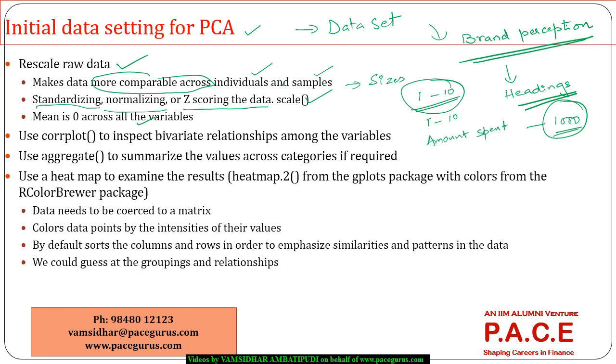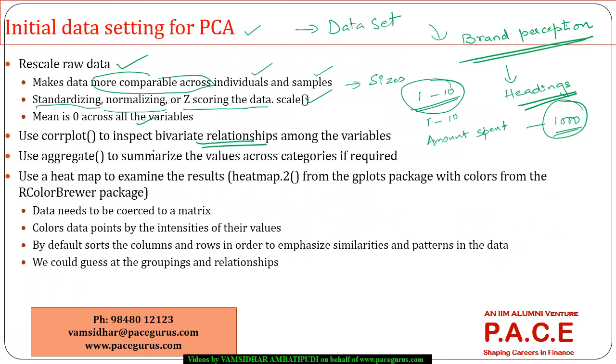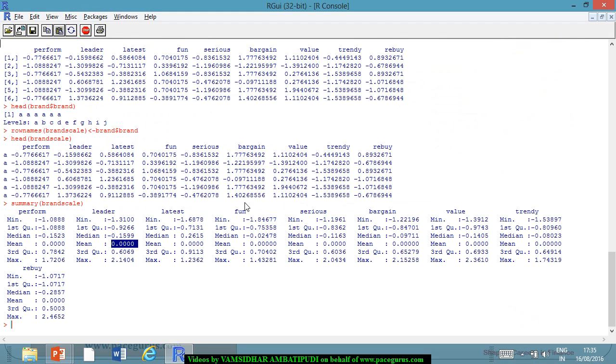Then the next step is inspecting the bivariate relationships between the variables. The bivariate relationship I can very well examine using the correlation plot, corrplot or corrplot.mixed, whatever it is. We have already looked at it earlier.